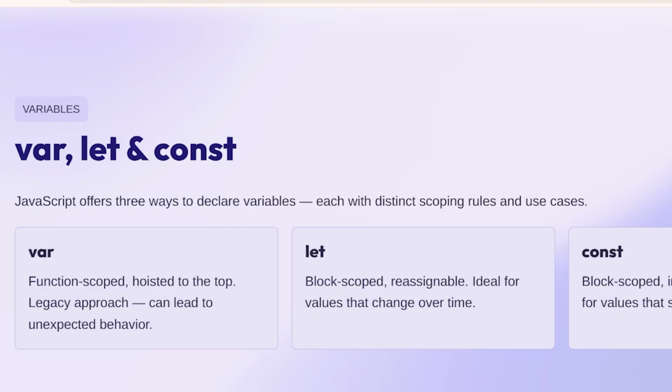You use const when the value should never change. For example, your company name, or a number stored using const, which you cannot change later, because const means a stable value. For example, the value of pi is 3.14, which cannot change, so we can use const.